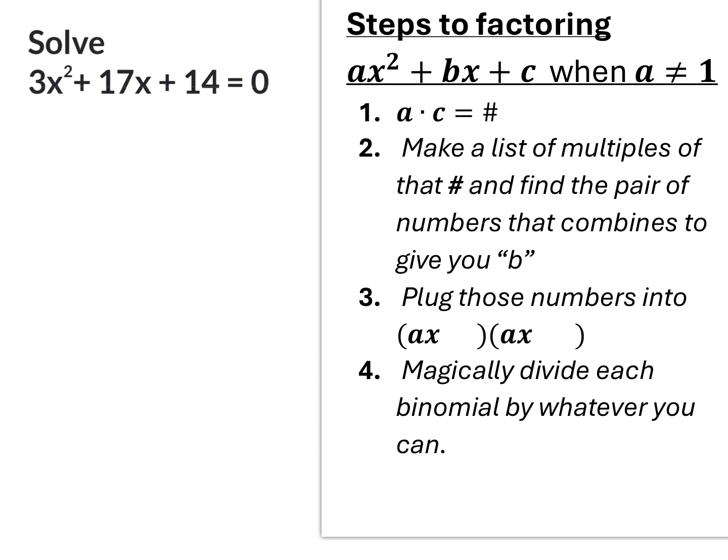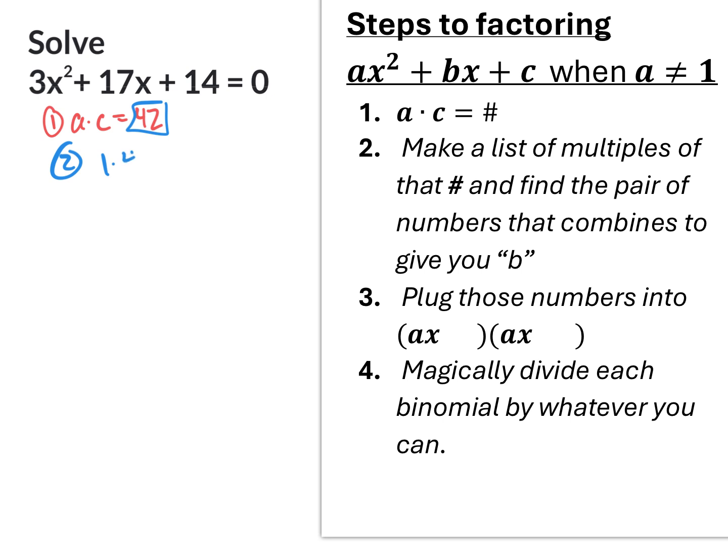So let me do that. Multiplying a times c is 3 times 14, and that is 42. Then you think of the multiples of 42 that combine together to give you the b value 17.